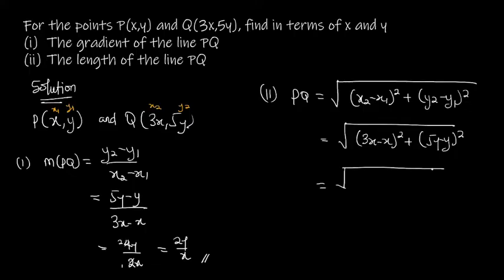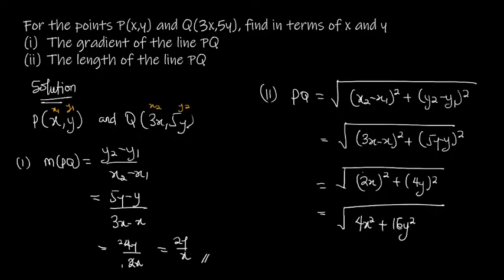So from here, 3x minus x is the 2x I had over here, so I have 2x squared plus 4y squared. So this is equal to the root of 2x squared will give me 4x squared plus 4y squared will give me 16y squared. So my final answer, which is the length of PQ, will be equal to the root of 4x squared plus 16y squared units.